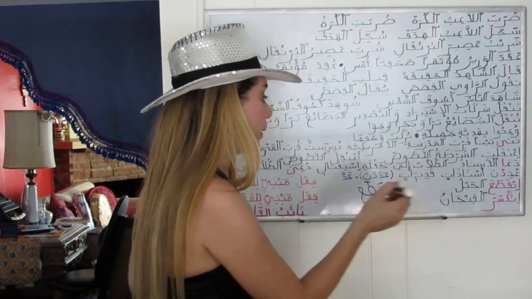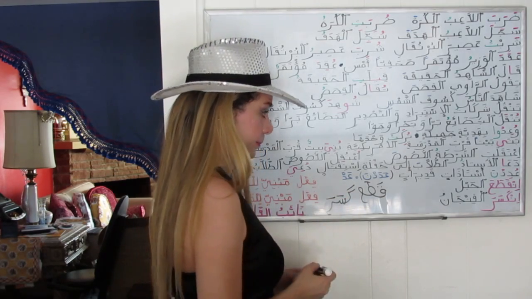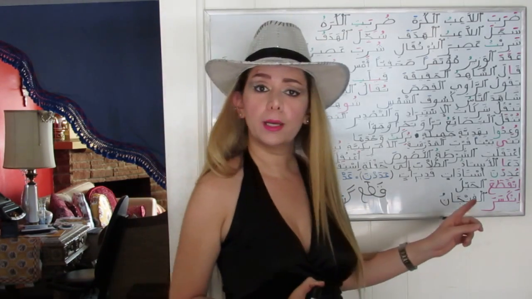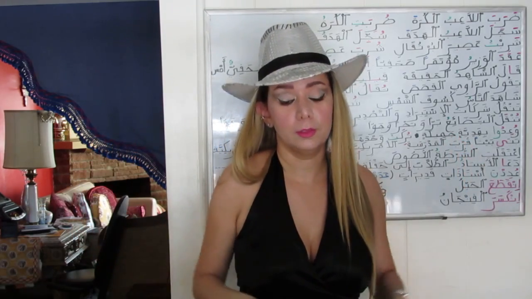انكسر الفنجان. From the verb كسر, to break. The cup was broken. I don't know how that happened. انكسر. It happened. Alright?